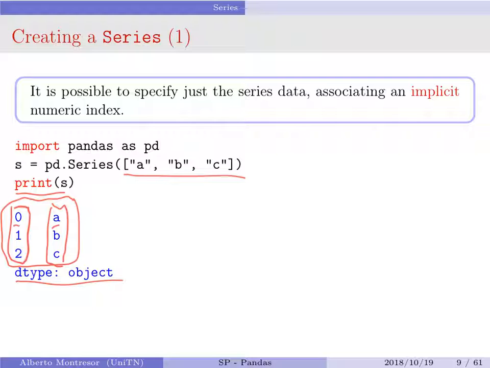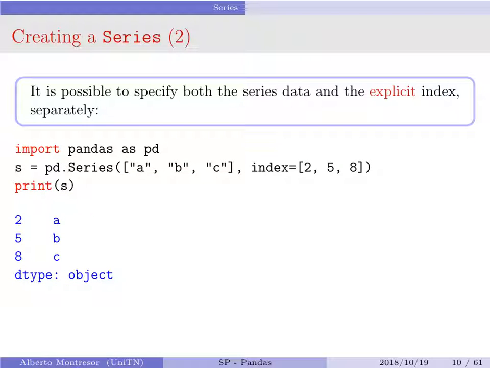But there are other ways. For example, you could also specify the index, okay? And the index does not have to be something reasonable or, I don't know, between 10 and 200. It could be something which looks quite random here, but could be, I don't know, the day of the year.